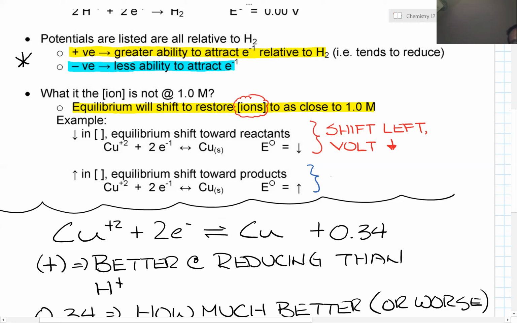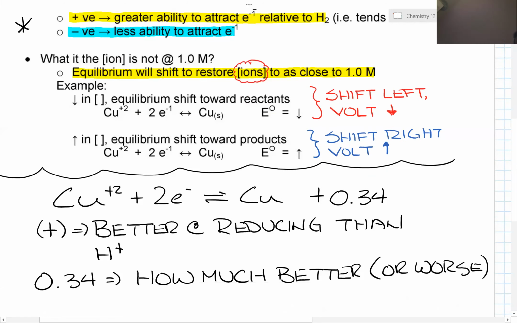So if you shift to the right, shift to the products, the voltage increases. Now, we're just looking at individual half reactions, but this applies also to redox reactions. So if the equilibrium is shifting to the left, then the overall redox reaction will slow down and the voltage goes down. If you are shifting the equilibrium to the right, the voltage will increase.